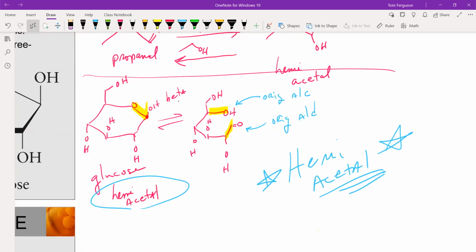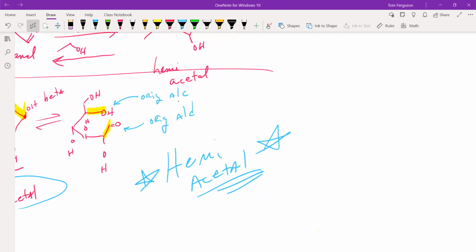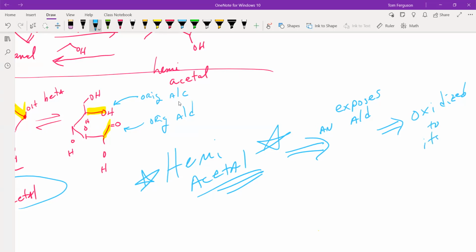A hemiacetal, once it opens up, exposes an aldehyde. The aldehyde can be oxidized to its corresponding acid.